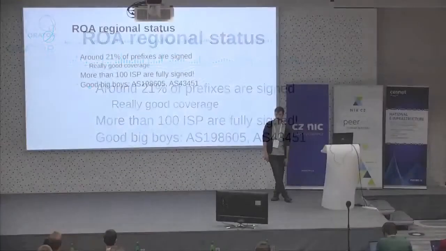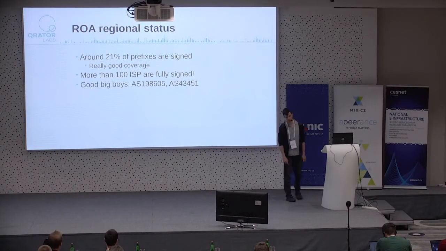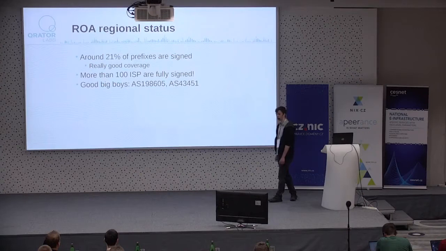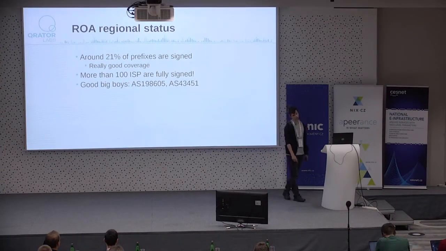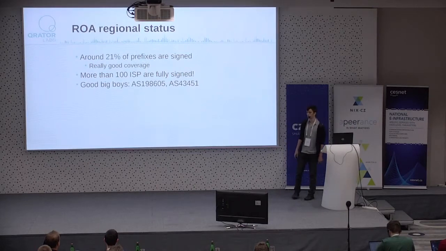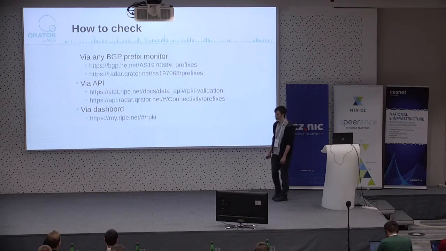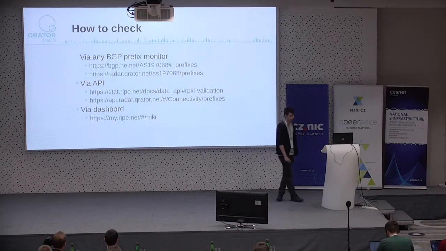It's really a good movement, and we can try to make it even better and support it even further. And actually, in the region, around 20% of operators have already signed all of their prefixes, which is really great.